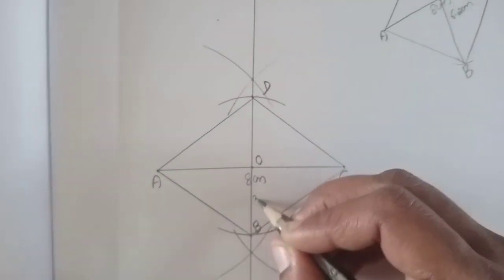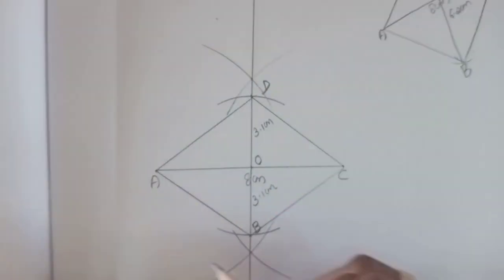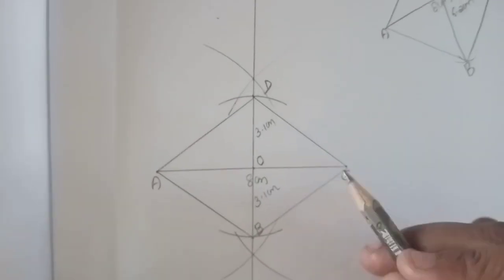So here this is 3.1 centimeter, this is 3.1 centimeter. So ABCD is the required rhombus.